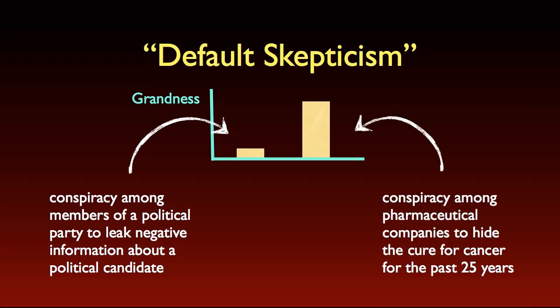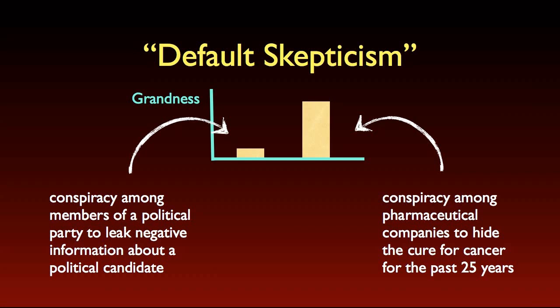By contrast, consider a conspiracy among pharmaceutical companies to hide the cure for cancer for the past 25 years, or a conspiracy among government and law enforcement officials to hide the existence of a crashed alien spacecraft in Area 51 for the past 60 years. These are much grander theories. Default skepticism would tell us that these grander theories are intrinsically less plausible, less likely to be true than the smaller scale theories.